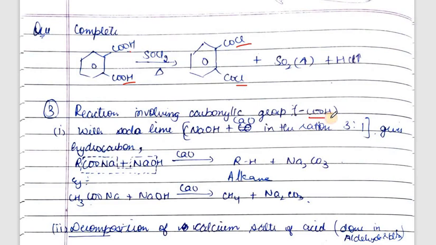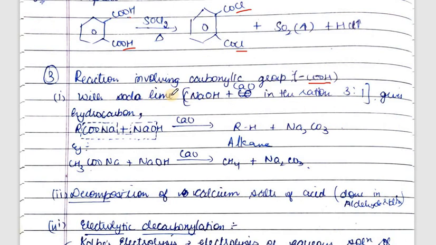And then the third category comes in which the whole COOH group is involved. That is with soda lime, a mixture of NaOH and CaO in the ratio 3:1. When it reacts with carboxylic acids, we get hydrocarbons. That is, this sodium salt of acid reacts with NaOH and CaO, that is soda lime, then we get an alkane as the final product.